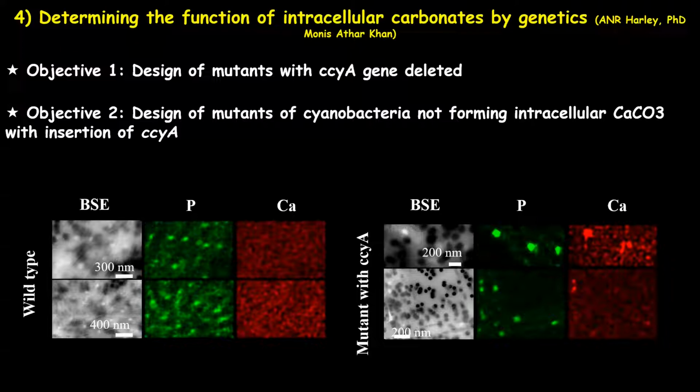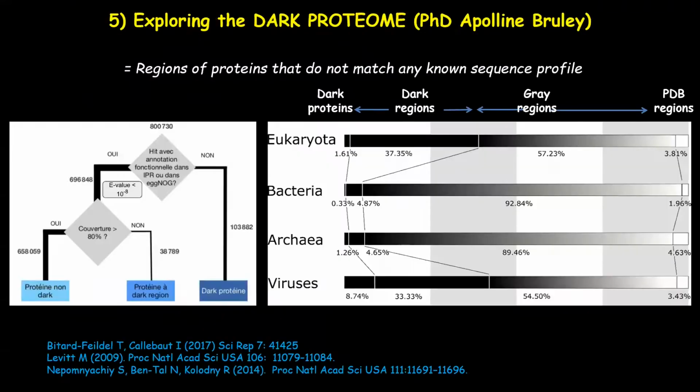But the great thing would be the deletion of the gene in cyanobacteria forming intracellular carbonate. Try to see, first of all, if they do not form intracellular carbonate anymore, and try to understand how they might use those carbonates. And away from the cyanobacteria forming intracellular carbonate, we can explore more what we call the dark proteins.